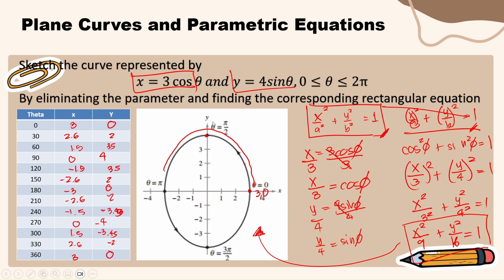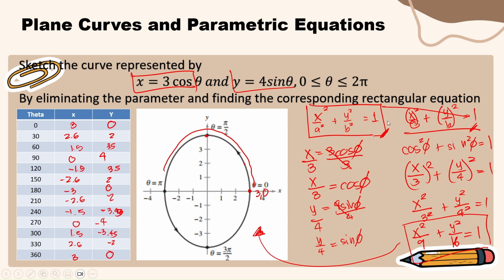Just like kanina, since ang naging itsura niya is parabola, our equation should be a quadratic equation that describes the parabola. Dun natin makukuha yung intuitive guess or educated guess kung ano yung rectangular equation na dapat ma-form natin.